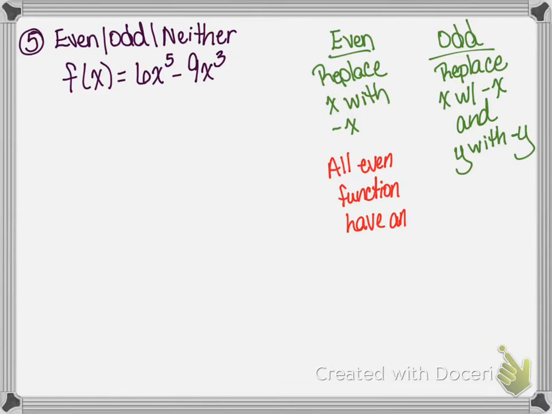So all even functions have an even exponent. Now, we aren't saying that everything with an even exponent is an even function. What we're saying is that for something to even be considered an even function, it first has to have an even exponent.